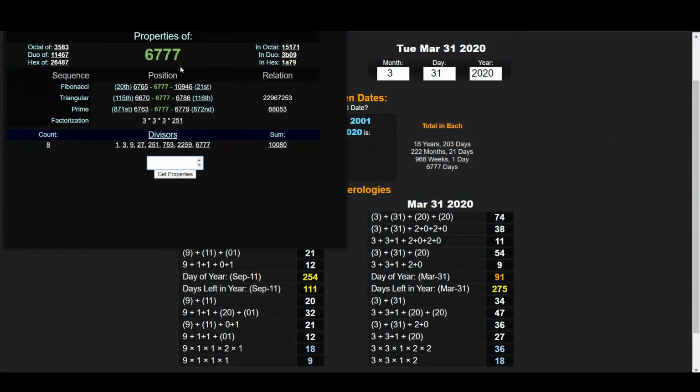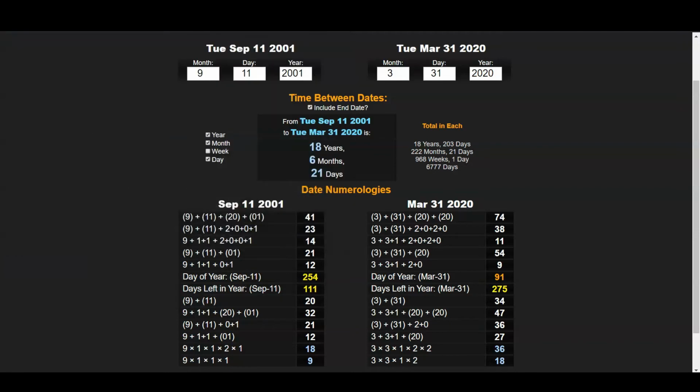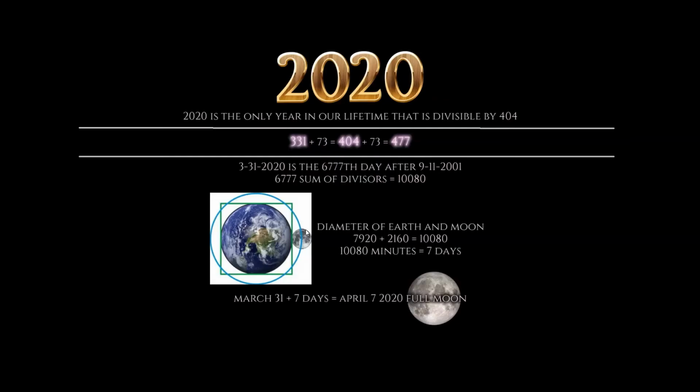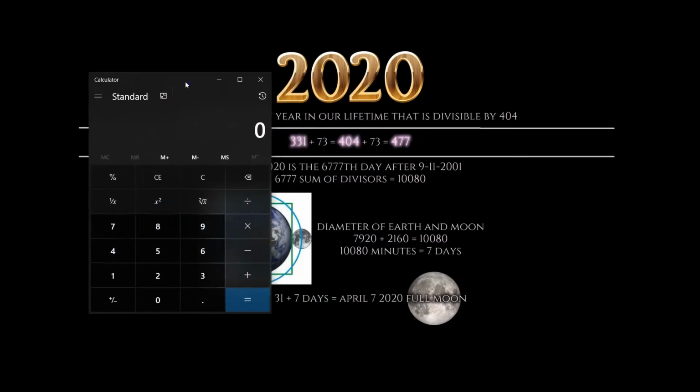And 6,777 has a sum of divisors of 10,080. And when we sum the diameter of the Earth and the Moon, 7920 plus 2160, we get 10,080.